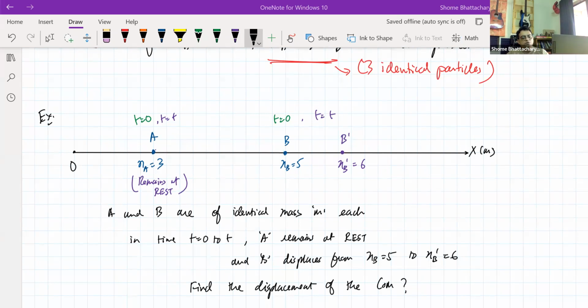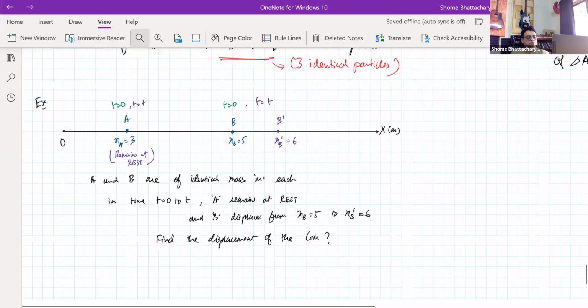So one simple way of doing this problem is to find the position of the center of mass at t equal to 0, and then find it again at the new time t equal to t. And from that you can find the displacement of the center of mass. Yes, that's correct, Vedant and Soham.